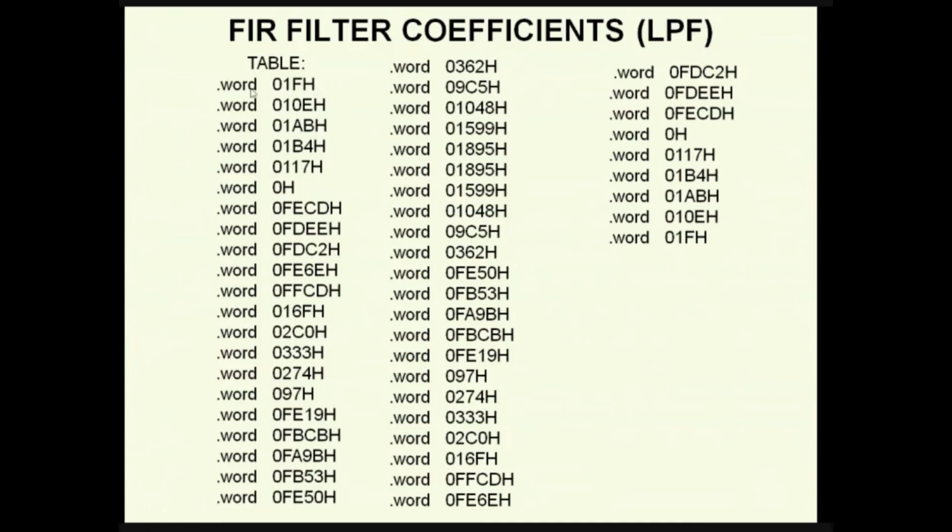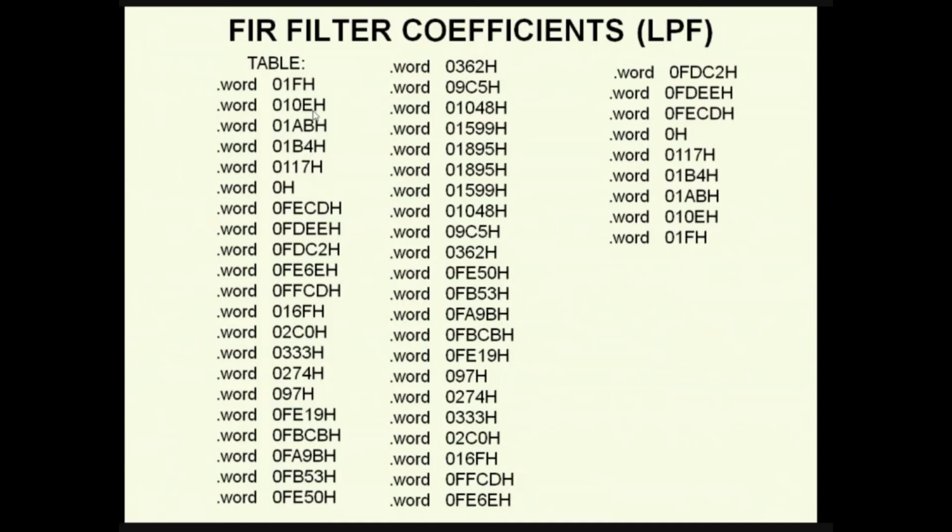Okay, so .word is an assembler directive, because this is an assembly language program that we have written, and for the assembly language program, as with .org 0000, .word is again an assembler directive which is used to represent 16-bit numbers. This 16-bit number is represented in hexadecimal format, which is 01f, similar to 0000000001 and 1111.